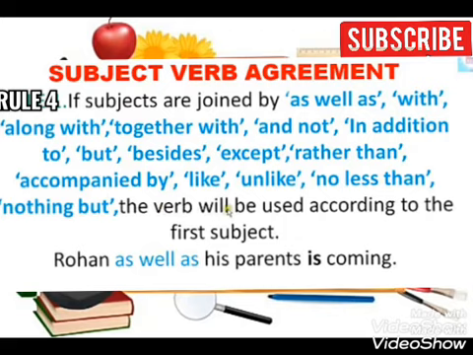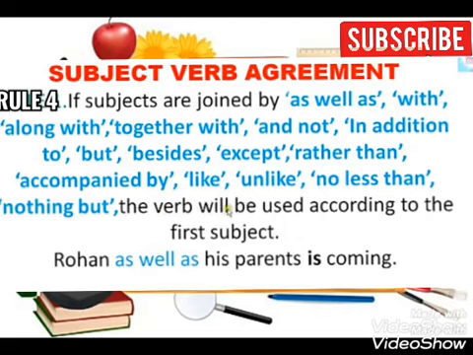Now, see another very important rule of subject-verb agreement. If two subjects are joined by as well as, with, along with, together with, and not, in addition to, but, besides, except, rather than, accompanied by, like, unlike, no less than, nothing but, the verb will be used according to the first subject.